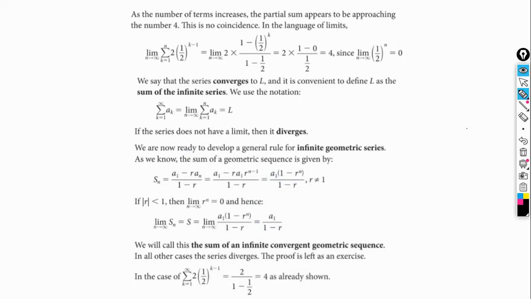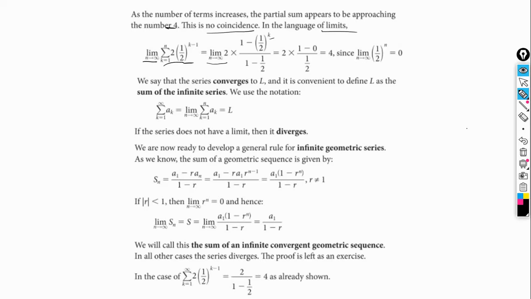As we saw in the previous slide, as the number of terms increases, the partial sum appears to be approaching the number 4. This is no coincidence. In the language of limits, we would say the following. The limit as n approaches infinity of this partial sum, or this infinite sum, I should say now, is equal to the limit as n approaches infinity of 2 times 1 minus 1/2 to the k over 1 minus 1/2.